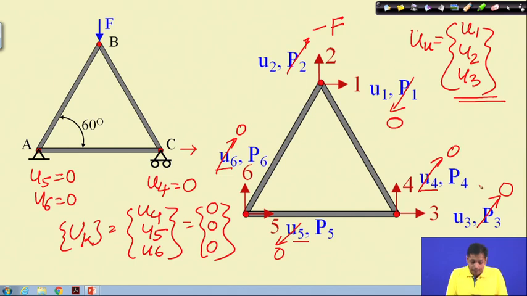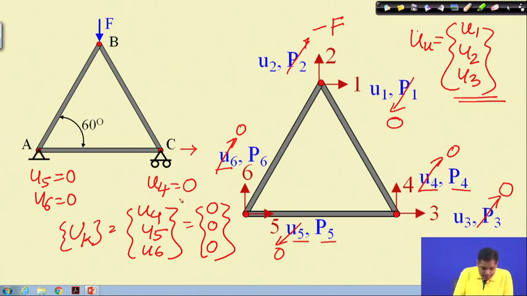But we do not know about P4, P5 and P6. There are no external forces, but since they are constrained, there could be some support reactions, which will be equal to P4, P5 and P6. What are those support reactions? We do not know. So, P4, P5 and P6 are unknown, and P1, P2, P3 are known.